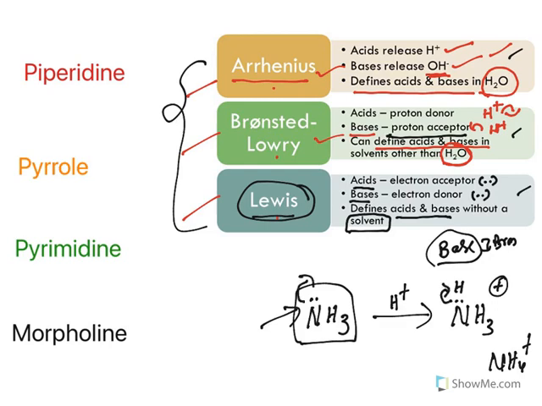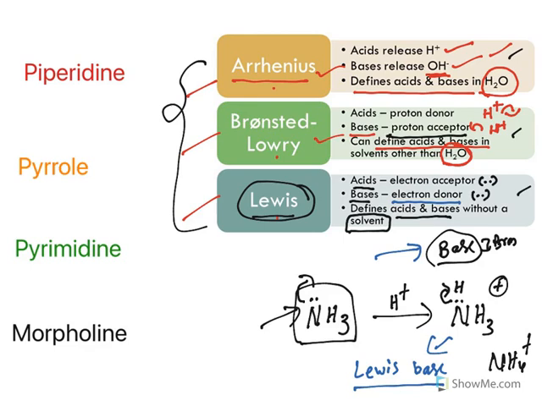That is the reason why there is a bond formation. So ammonia is donating an electron pair, and according to Lewis theory, it becomes a base. According to Bronsted, it is a base because it is accepting a proton. According to Lewis, it is a base because it is donating an electron pair. Essentially both of them are the same.